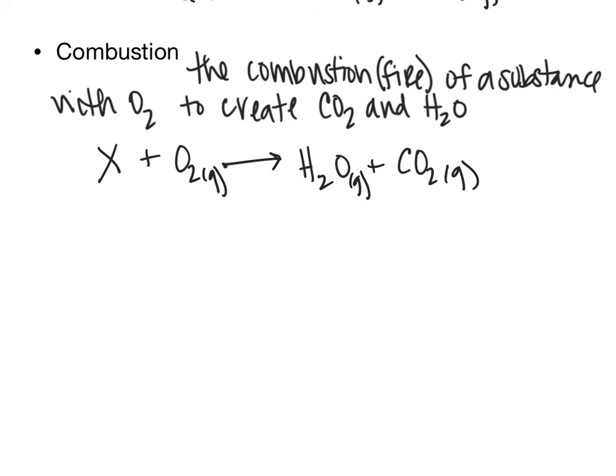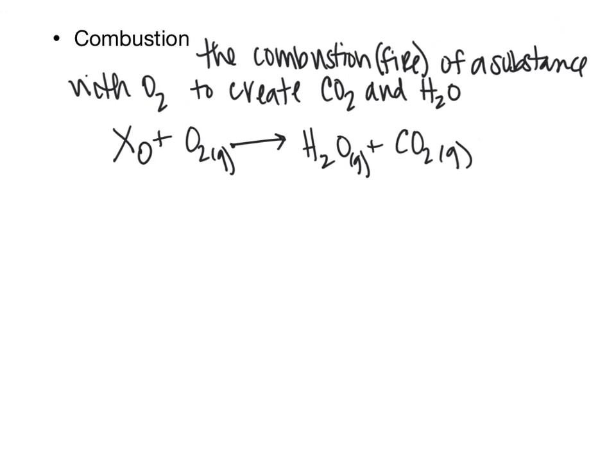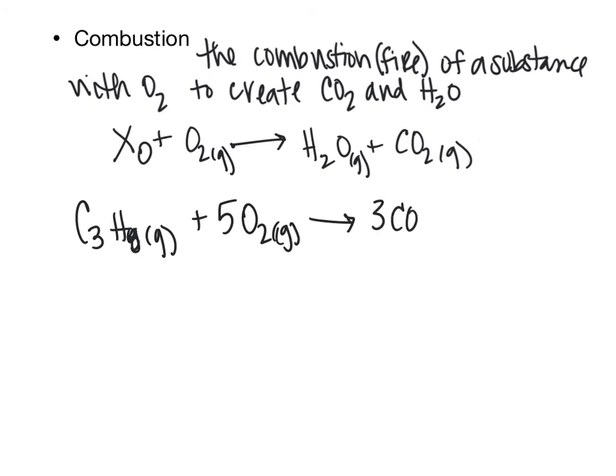The state here would be determined by the question. One example of that would be the combustion of propane, which is C3H8, a gas, plus 5 O2 gas gives us 3 CO2 gas plus 4 H2O gas.